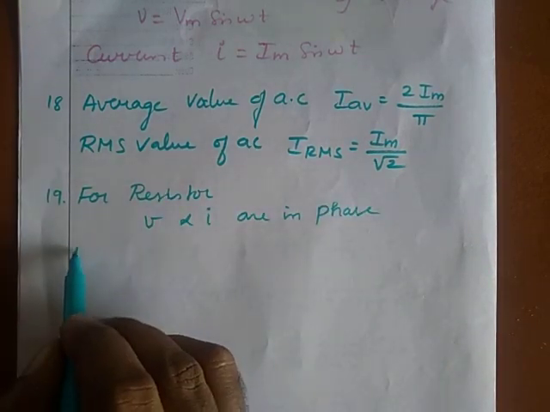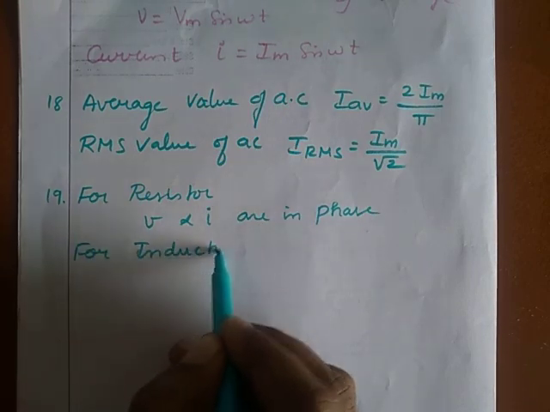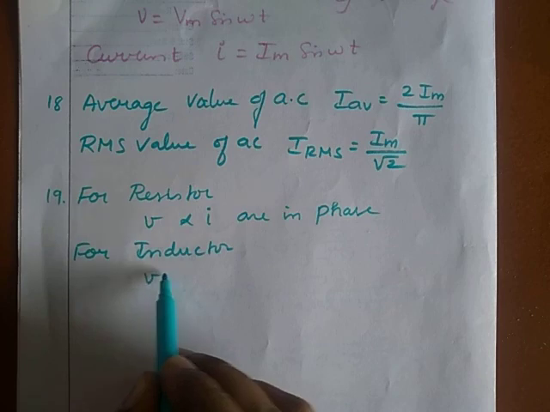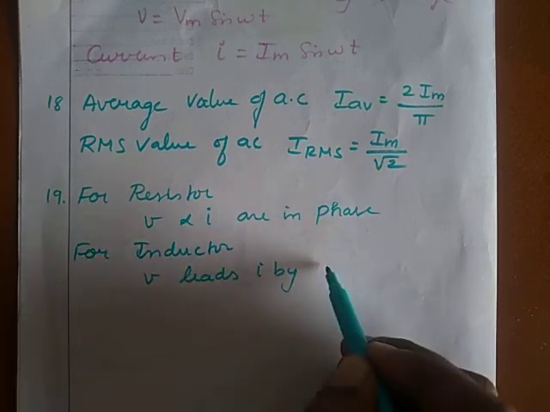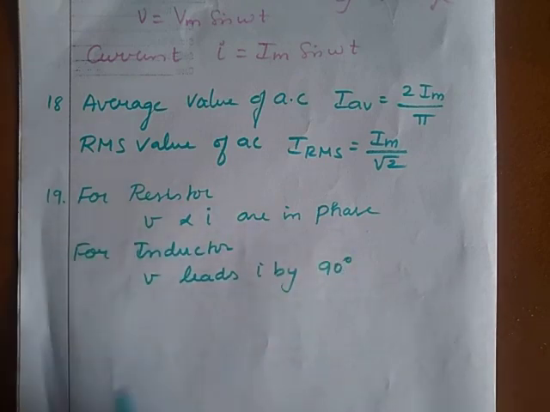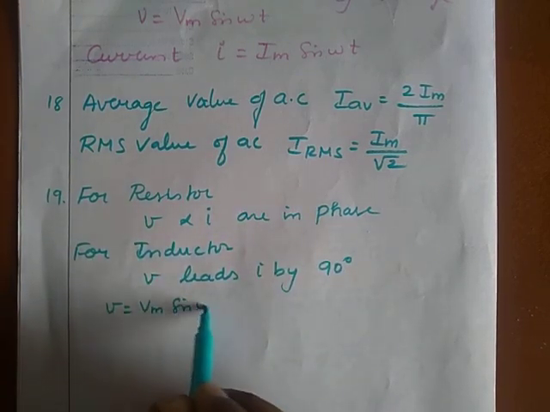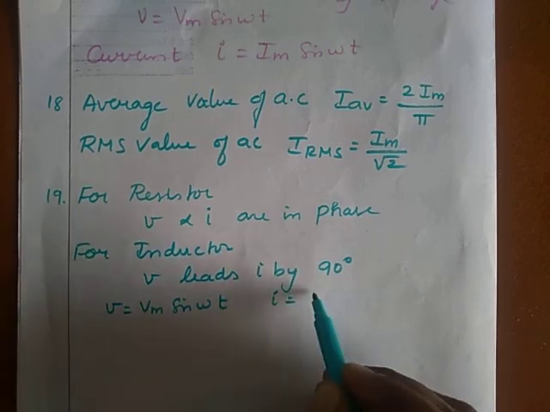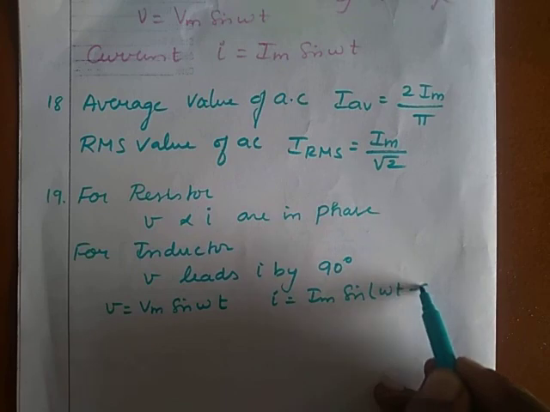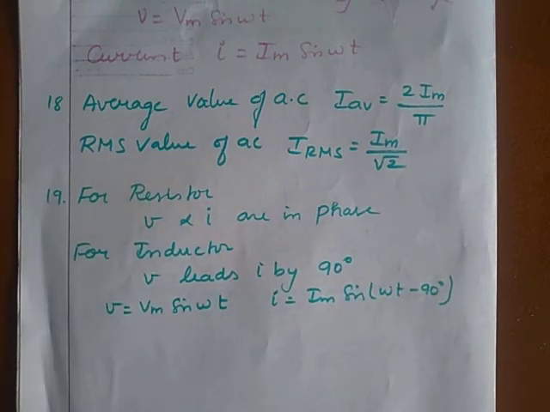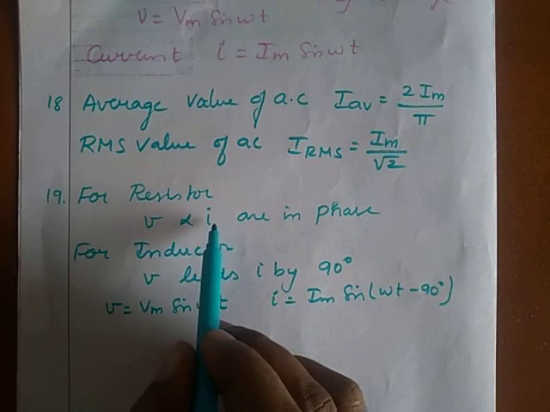And for an inductor, voltage leads current by 90 degrees. That can be written as V is equal to Vm sin omega t, then I is equal to Im sin omega t minus 90. For the resistor case, V is equal to Vm sin omega t, I is equal to Im sin omega t.